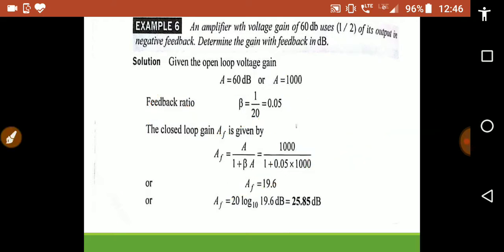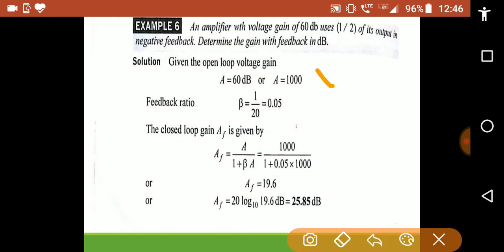So gain A is equal to 1000 and feedback ratio beta equal to 1 by 20, equal to 0.05. This is the feedback fraction.